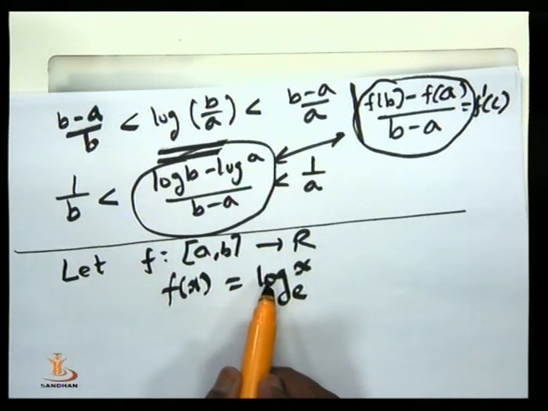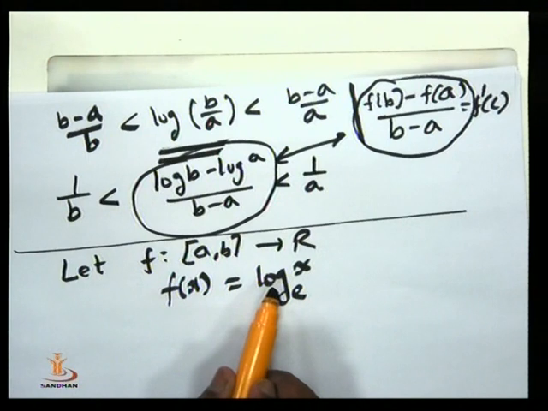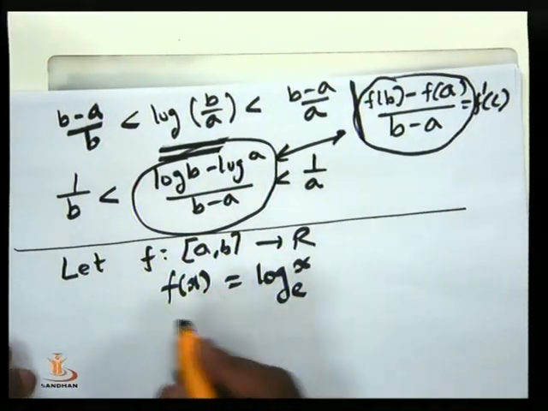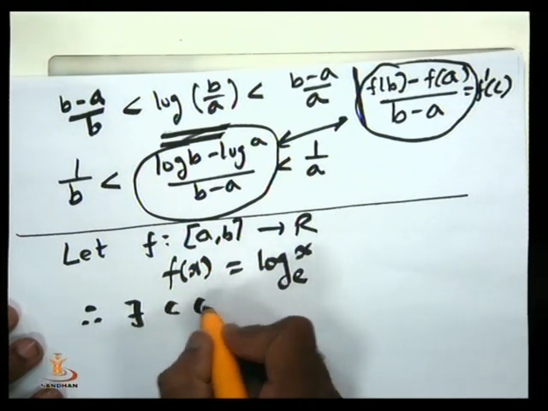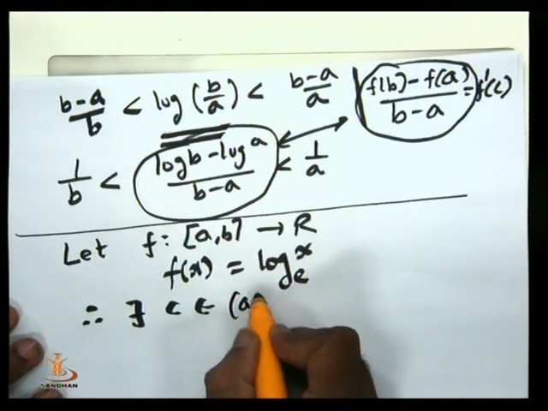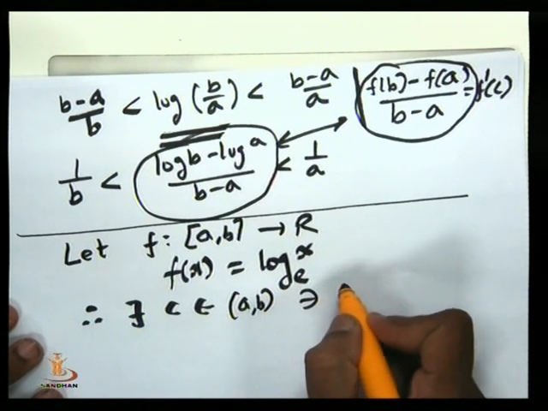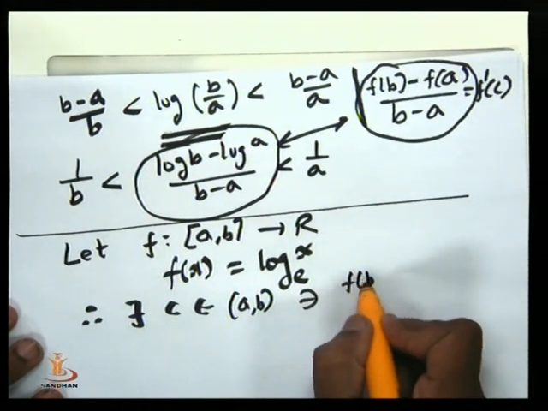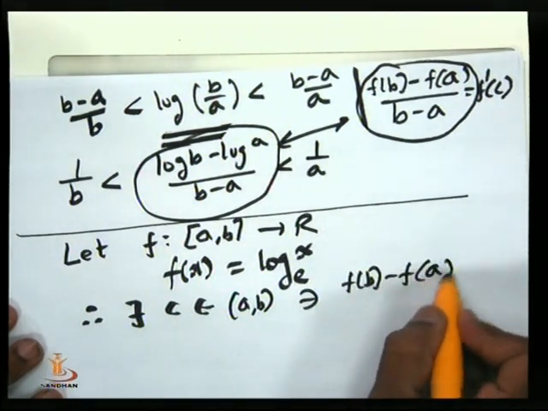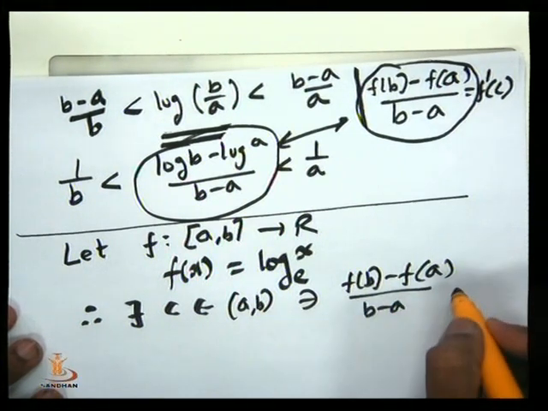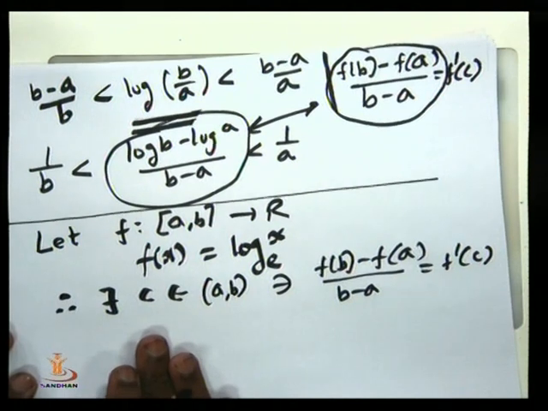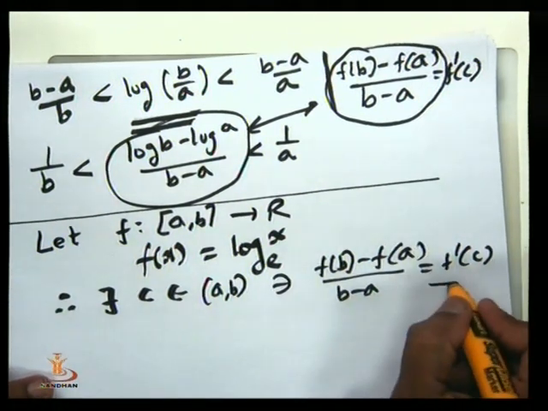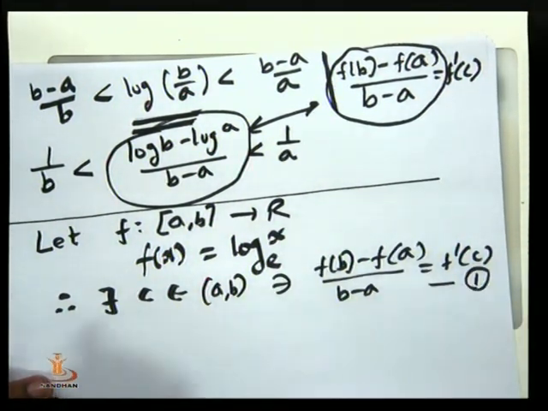So this function f satisfies both the conditions of Lagrange's theorem, and therefore we can find some number c belongs to open interval a b such that (f(b) minus f(a)) upon (b minus a) is equal to f dash of c. So let us call this as result number 1.